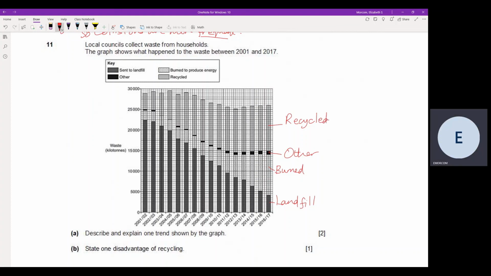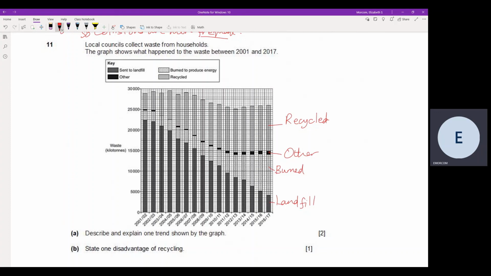So the burning for energy has increased over time, landfill has decreased over time, other, whatever that is, has slightly increased, and recycled has increased up to a point, maybe around 2010-ish, and then stayed fairly constant. So we want to do our description and our explanation of one of those.